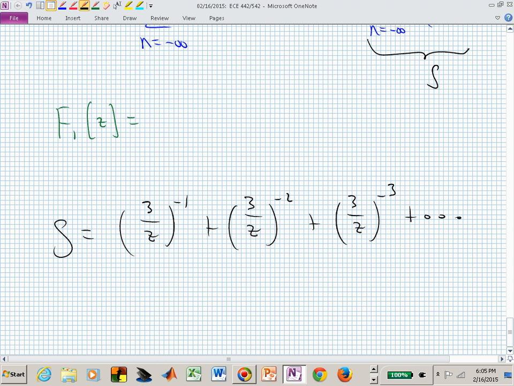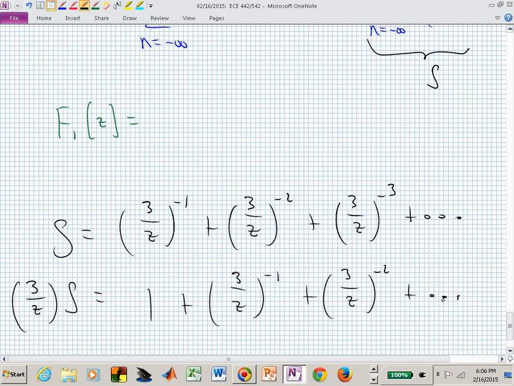We can get rid of or produce something a little bit different on the right-hand side, but you still leave the tail, by multiplying S by 3 over Z. And that now gives us 1 plus the tail that I was talking about.